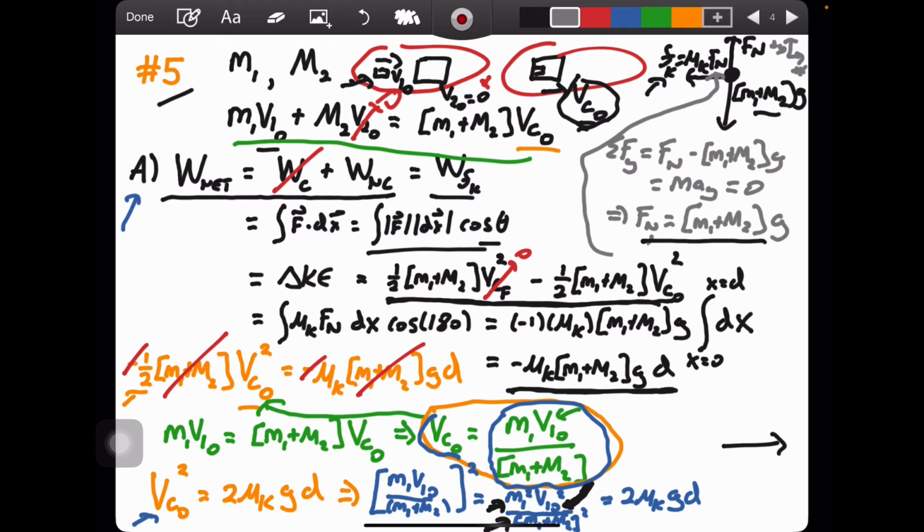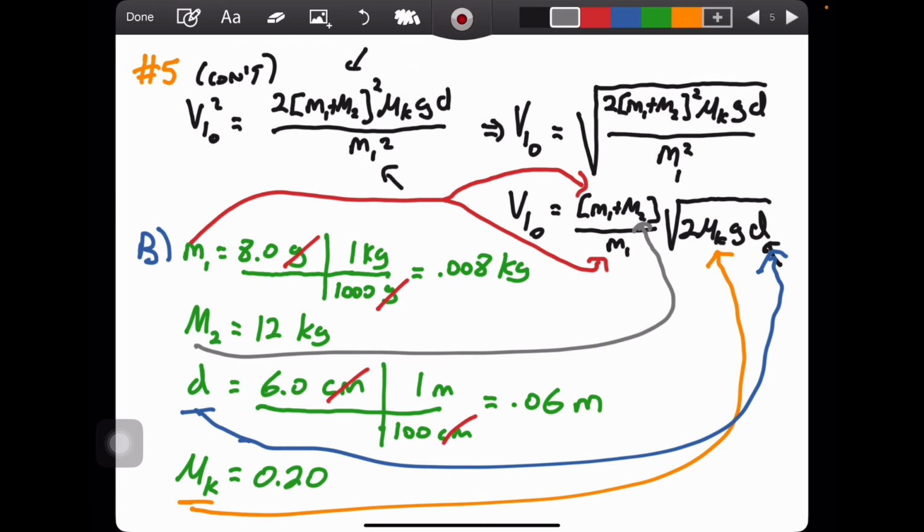Then I showed how you can use the integral for work where we substitute the expression for the force of kinetic friction. At that point, it's algebra. And we ultimately symbolically manipulate our algebra so that we can isolate for V1 naught. V1 naught is the velocity of the bullet at the beginning before it engages in a perfectly inelastic collision when it lodges itself into the block.